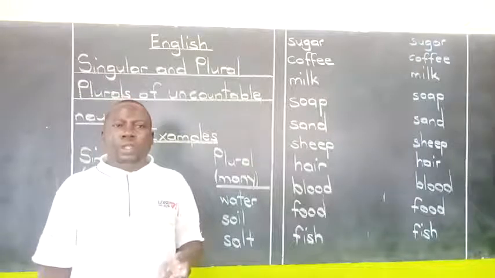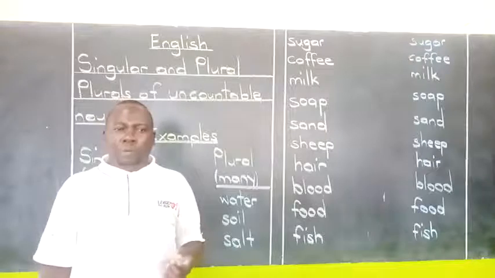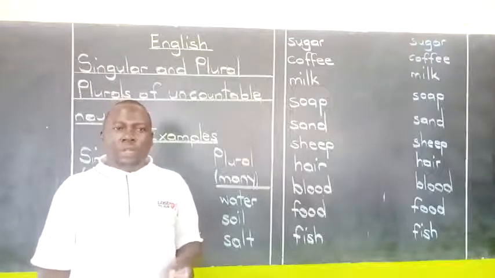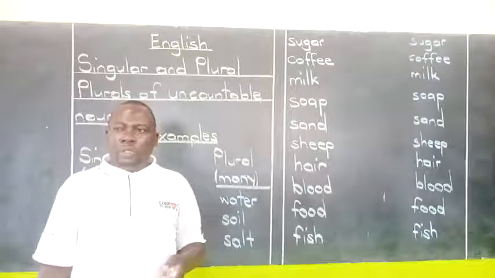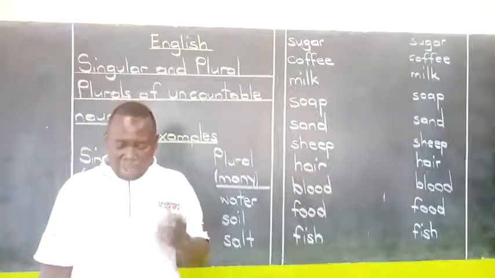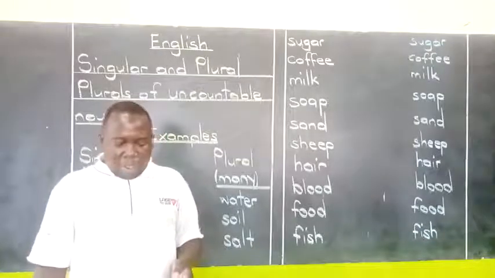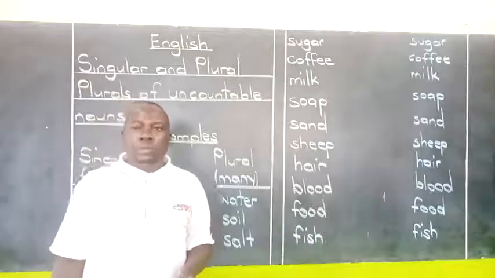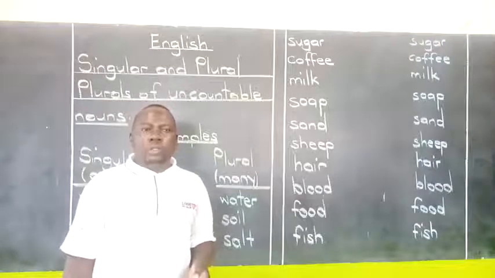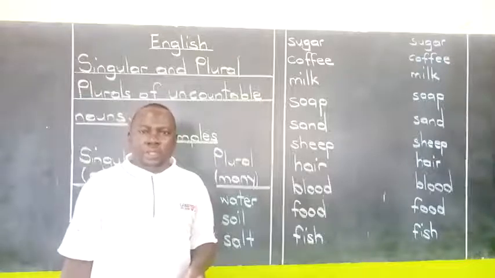So rain has no plural form. Don't say rains, 2 rains, 3 rains, 5. No. So it is not a countable noun. Lastly, we have wood. Don't say woods. We can count wood in pieces.